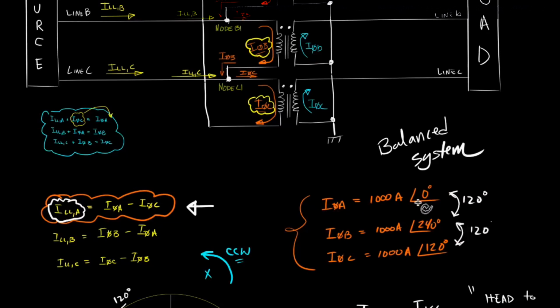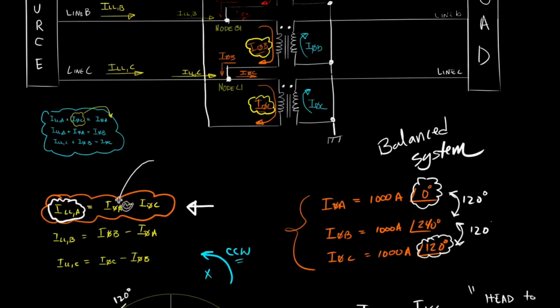Phase A is 120 degrees apart from phase B, and phase B is 120 degrees apart from phase C. Because we have a balanced system, and the phase currents are 120 degrees apart, when we subtract one phase current from another, the angles are the magic that gets you the square root of 3 times larger and the 30 degrees phase shift.